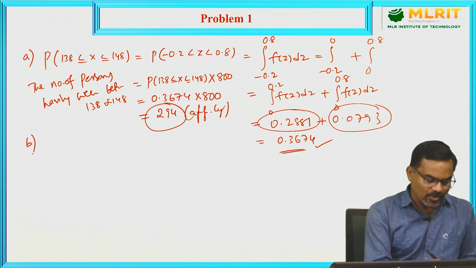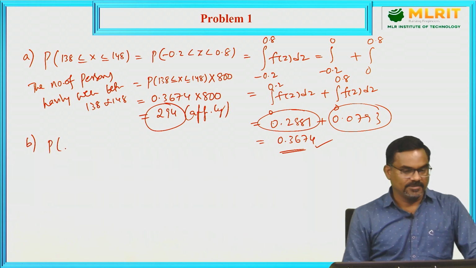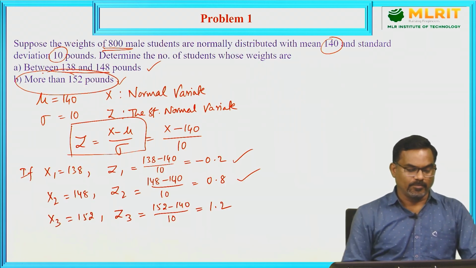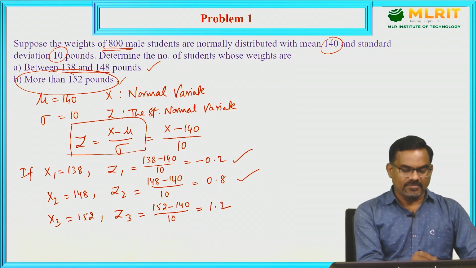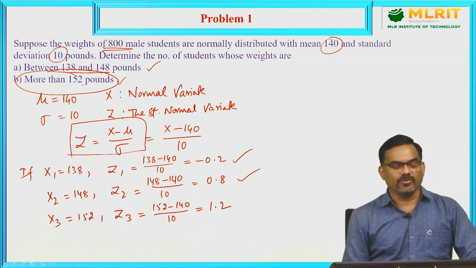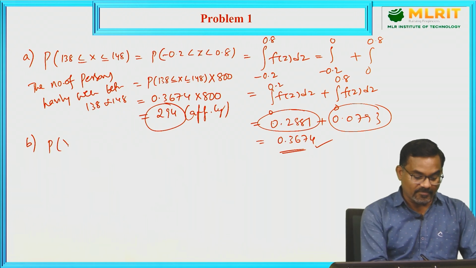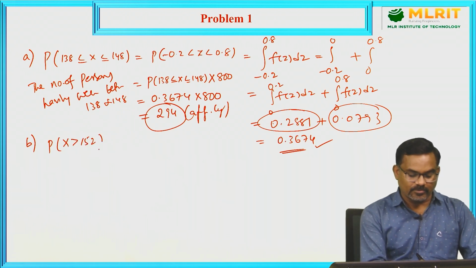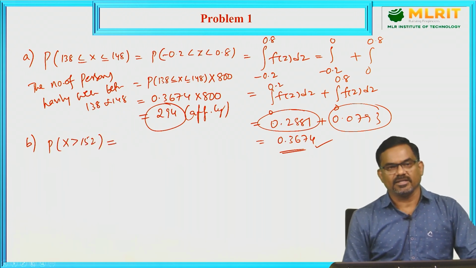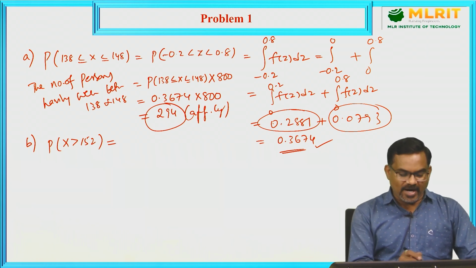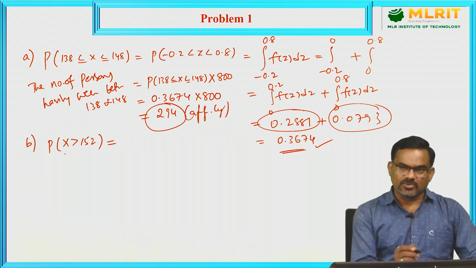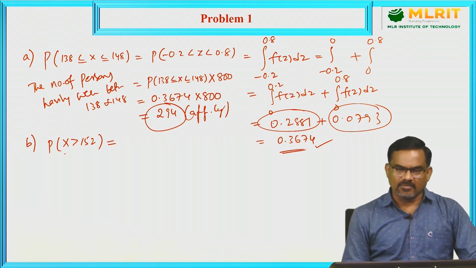Similarly, for the second problem, we need to calculate more than 152 pounds. What is the probability of students whose weight is more than 152 pounds? So, the probability of x greater than 152 is to be calculated. To find this probability, we have to convert this x to z, then we use the standard normal distribution table.